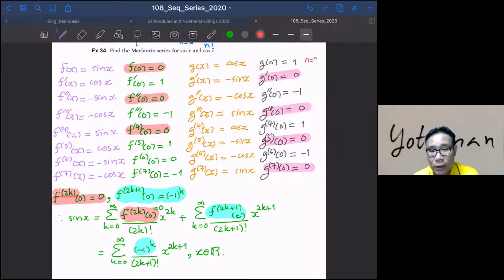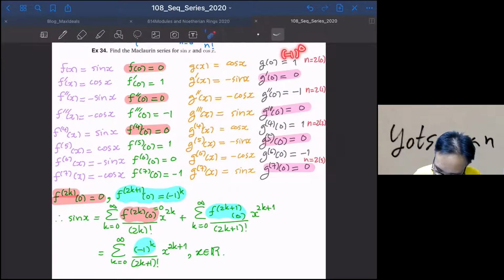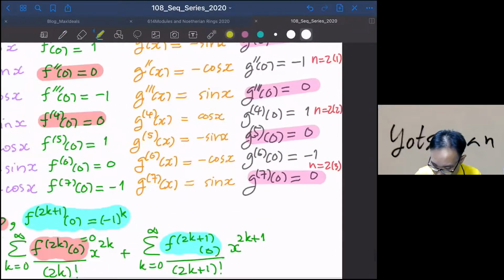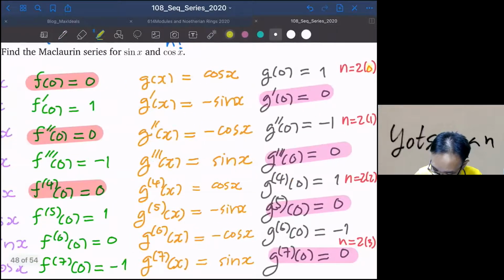So for this one, you see that it's going to be negative 1 to the 0, negative 1 to the first, negative 1 squared, and negative 1 to the third, respectively. So the thing that determines 1 or minus 1 comes from this: 0, 1, 2, 3.